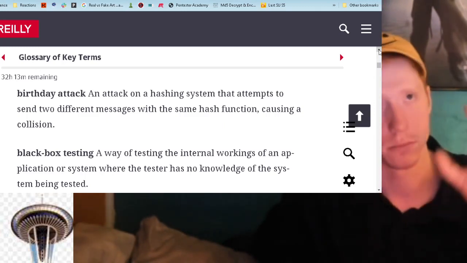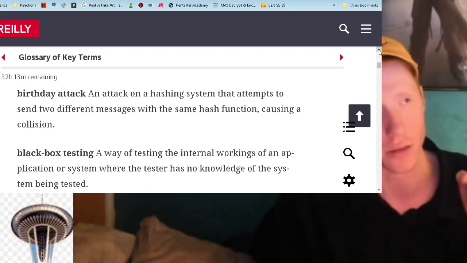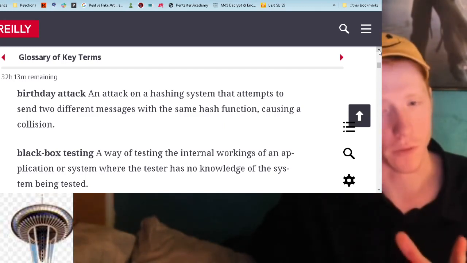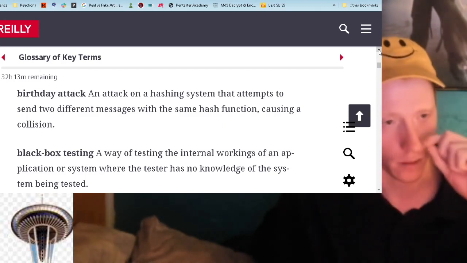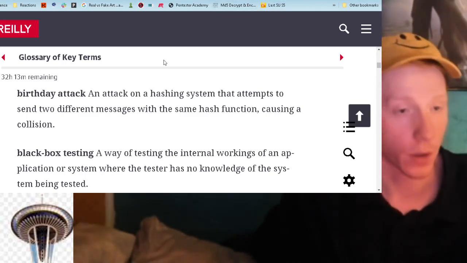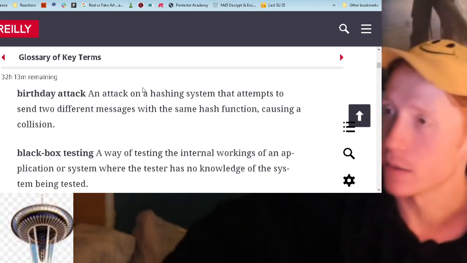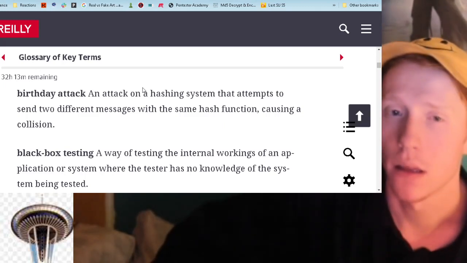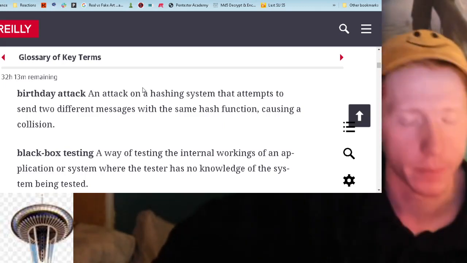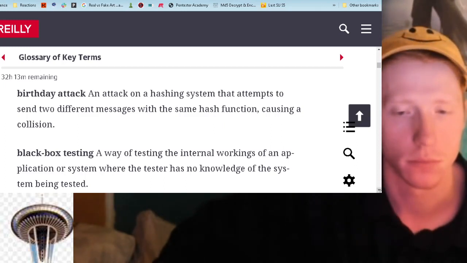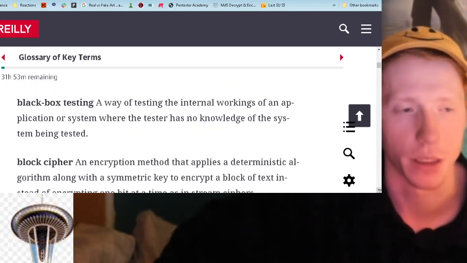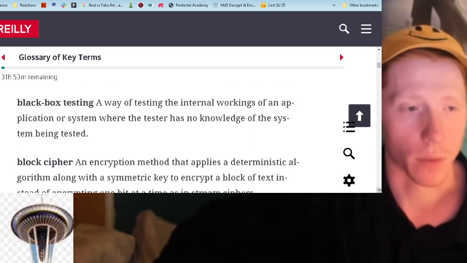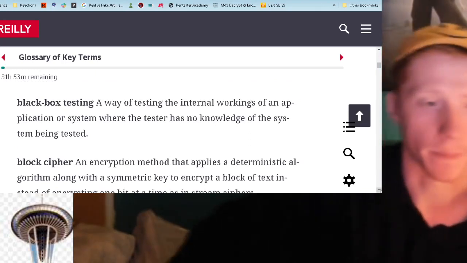A hash will change it to be a designated number of characters. And it's called a birthday attack because of the birthday problem, where the chance of there being two people with the same birthday is very likely.